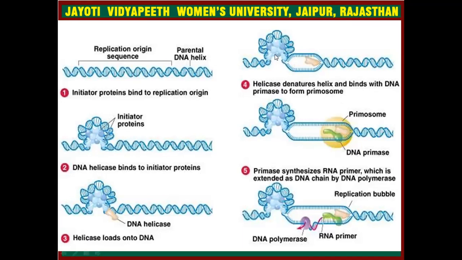In prokaryotic replication, this complex structure is known as the primosome, and it will create the proper replication fork. Primase synthesizes an RNA primer, which is extended as a DNA chain by DNA polymerase. Here you can see the DNA polymerase, this is the RNA primer, and it is creating the new strand, which is in maroon color.